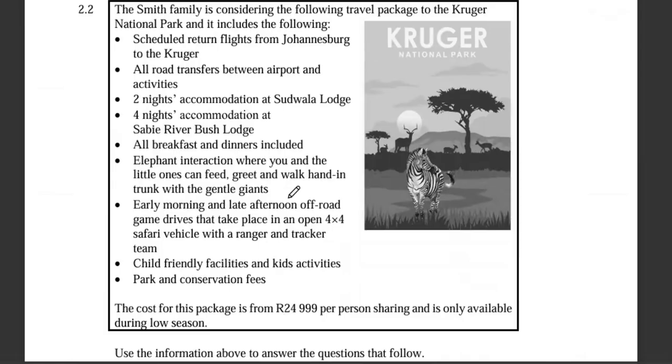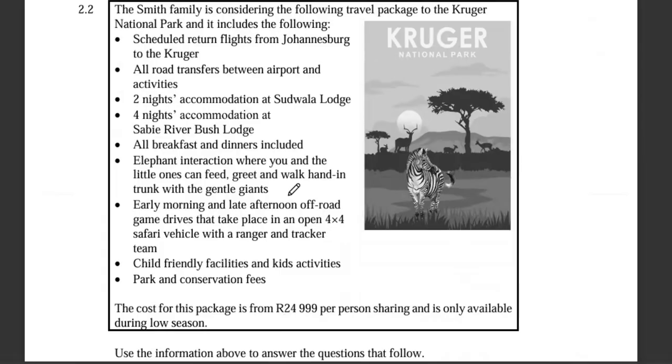Look at 2.2. The Smith family is considering the following travel package to Kruger National Park, and it includes the following: scheduled return flights from Johannesburg to Kruger, road transfers between airports and activities, 2 nights accommodation at the first lodge, 4 nights accommodation at the Sabi Lodge, then all breakfast and dinner included.